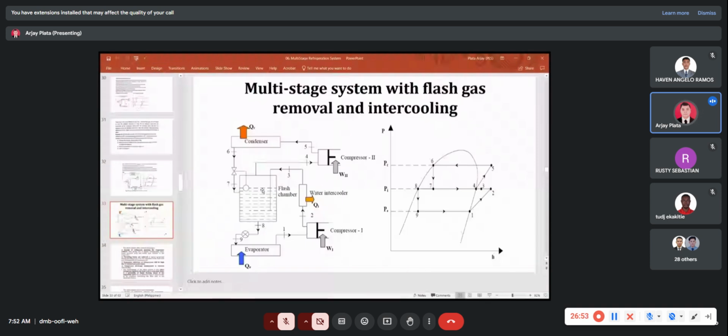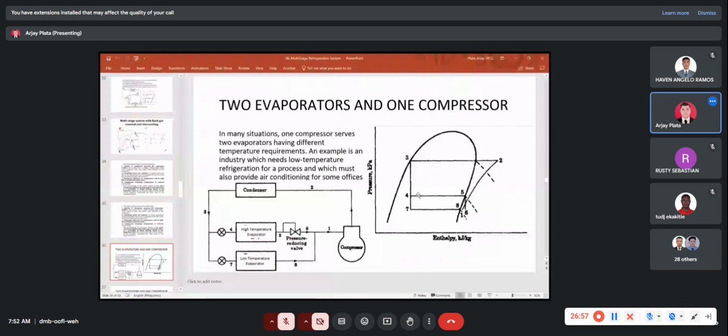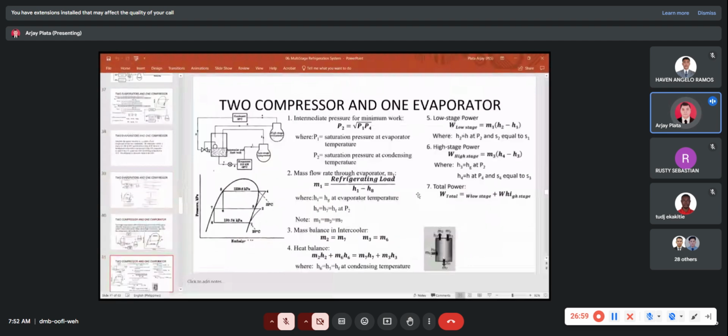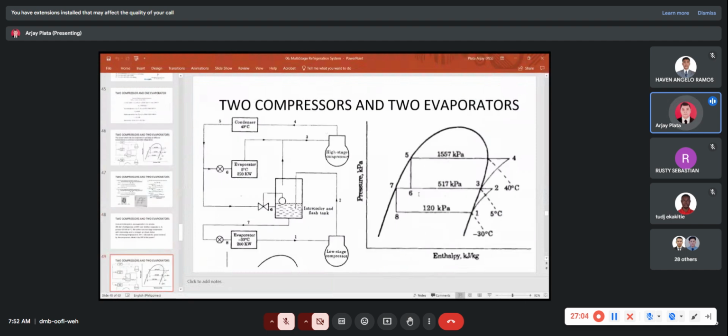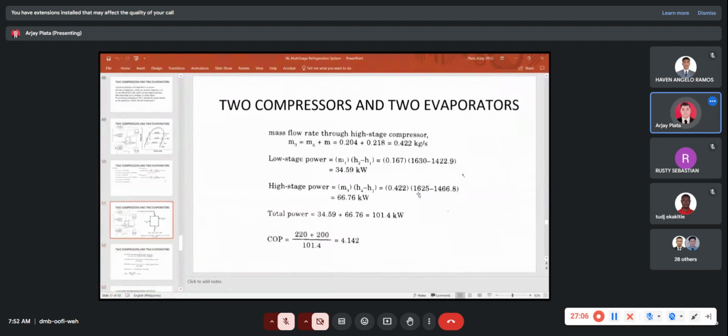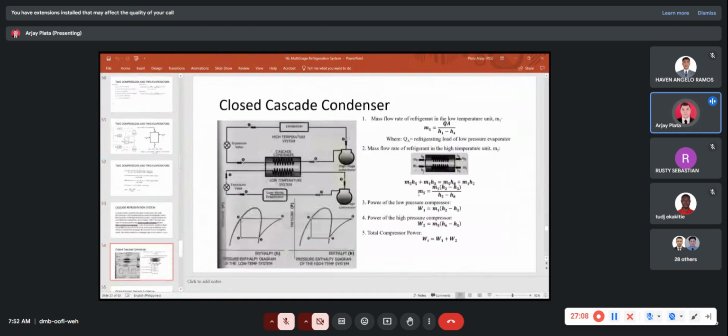And meron pa ditong more than four, meron pa ditong mga six pressures, six intermediate pressures.